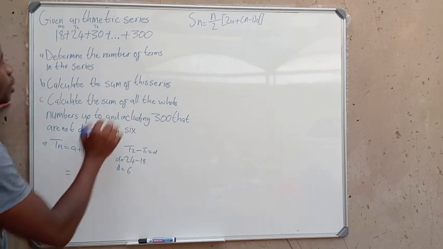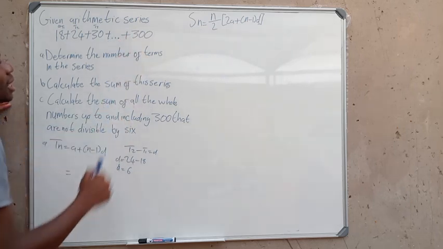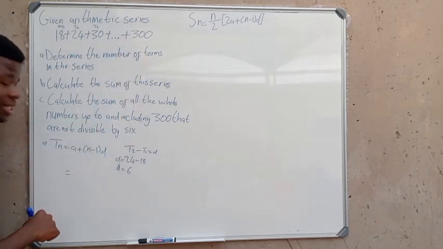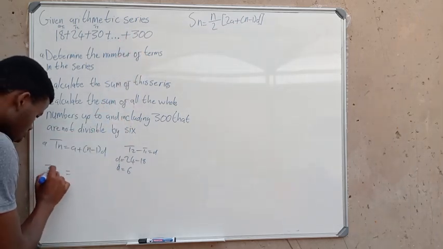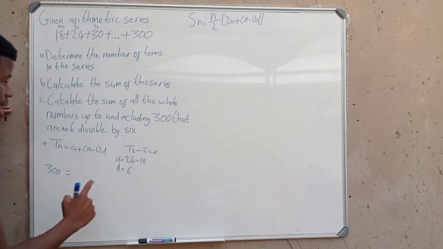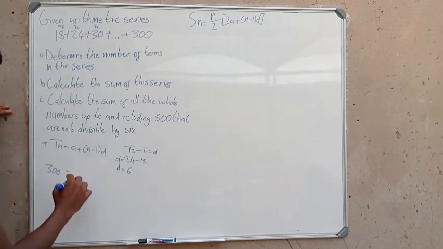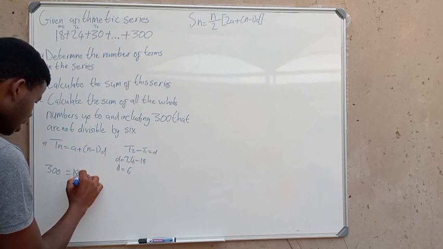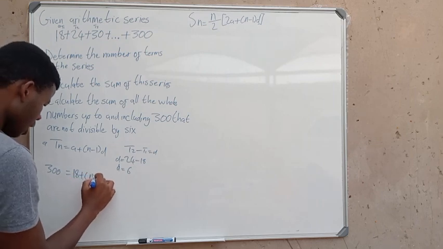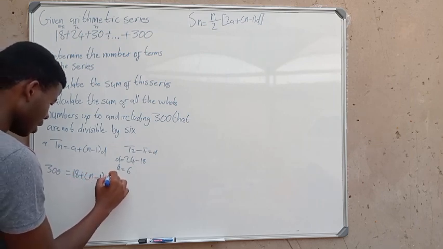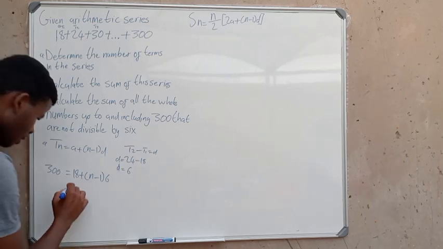Because they've given me 300 here, I'm going to put it where I see Tn. So it's going to be 300. Our a is 18. 18 plus (n minus 1), and our d is 6.